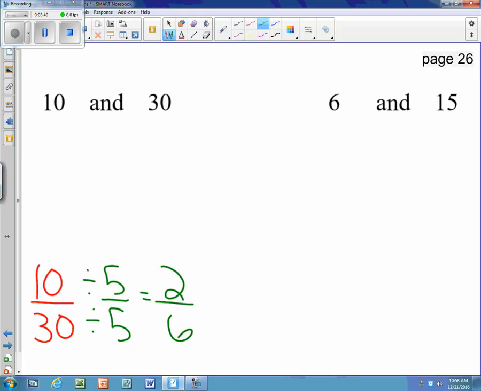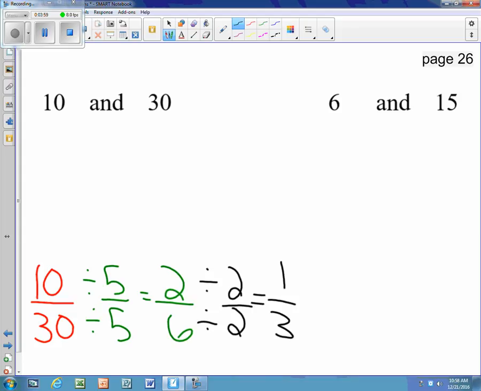When I look at that, they're both even numbers, and because they're both even, I know I can simplify or reduce even farther to get it to lowest terms. So in this case, I then would have to maybe divide them both by 2. And I'd end up with 1/3.